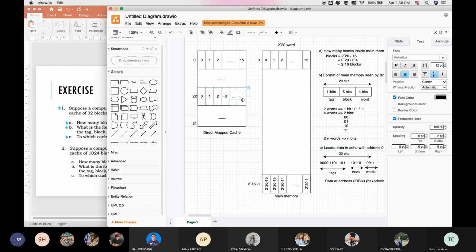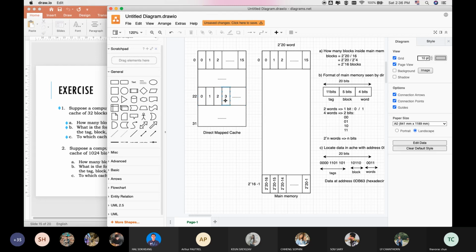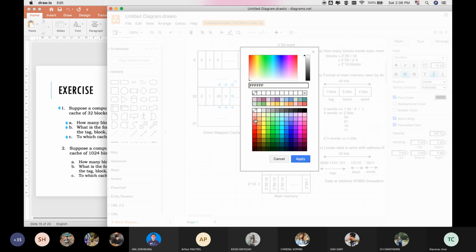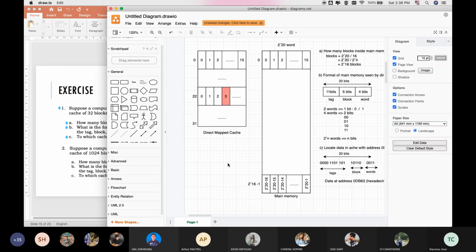Like this. So here is the data that we want. Do you get it now?